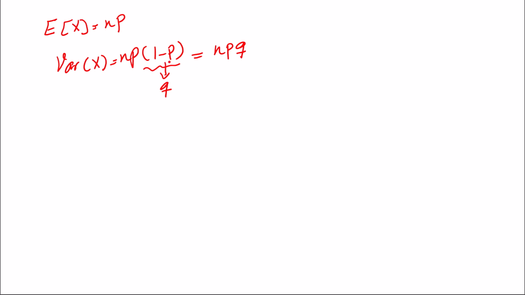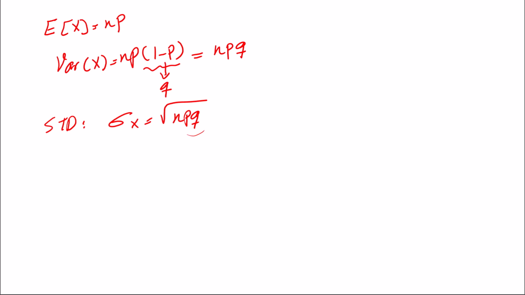And the variance reflects the variability across n independent trials. Then for the standard deviation, simply we can say sigma X is equal to the square root of the variance, which is the square root of npq. This provides a measure of dispersion in the same unit as X. And again, this q is 1 minus p.